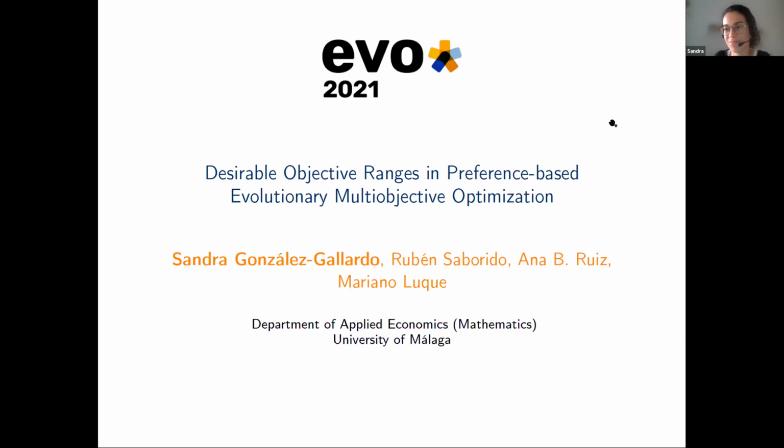The scaling with larger dimensions? No, we don't manage this type of problem. My colleague and I proposed an algorithm last year that manages 15 objective functions, I think, but it's not a preference-based evolutionary multi-objective optimization algorithm.